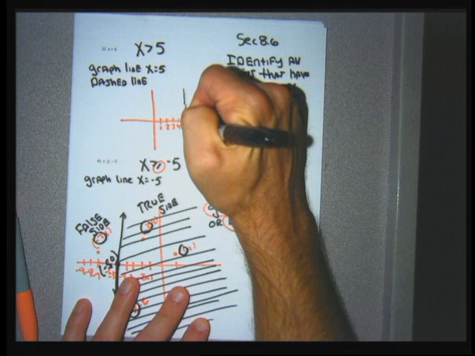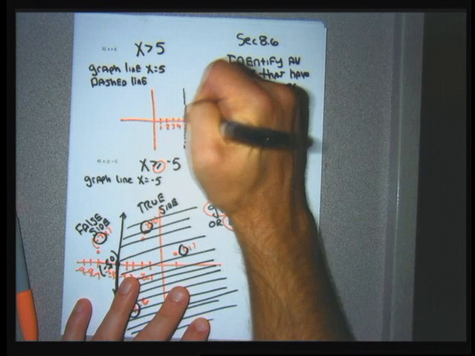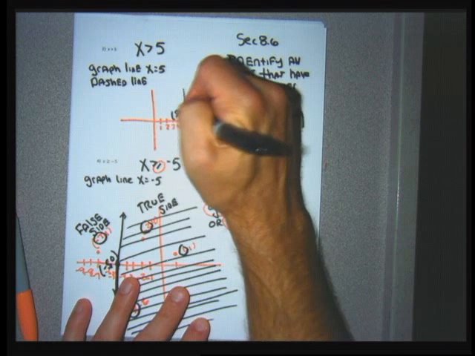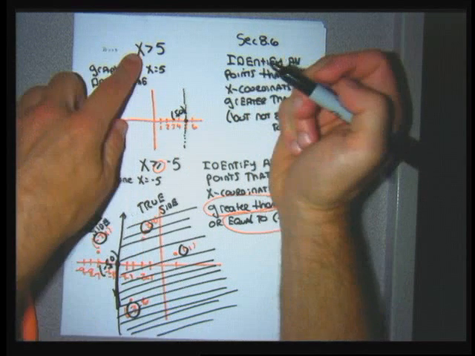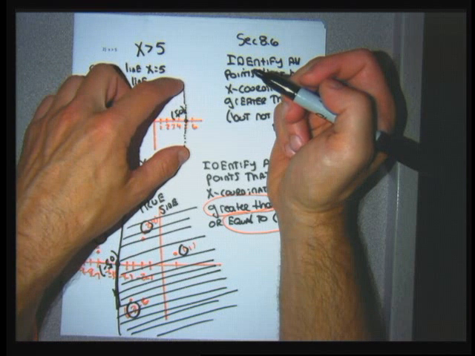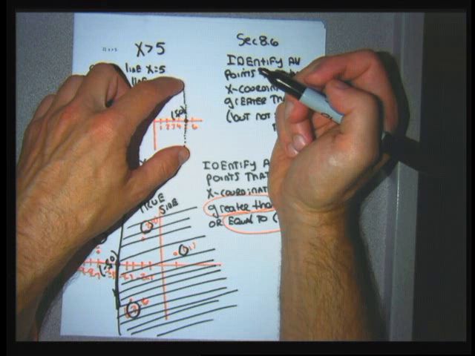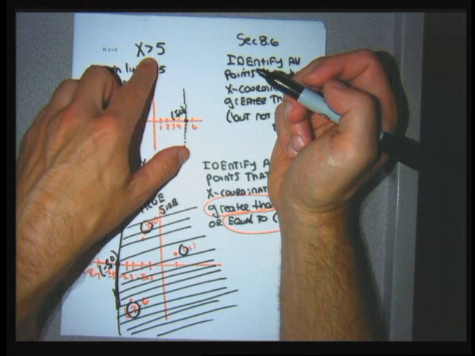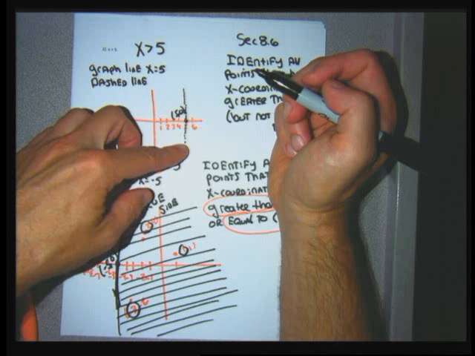Every point on this line, which has x-intercept (5, 0), has an x-coordinate equal to 5, and I don't want to identify those, so I draw a dotted line as opposed to a solid line. That means I'm aware this is an important line, but it's not part of the solution, because points on this line have x-coordinates equal to 5.